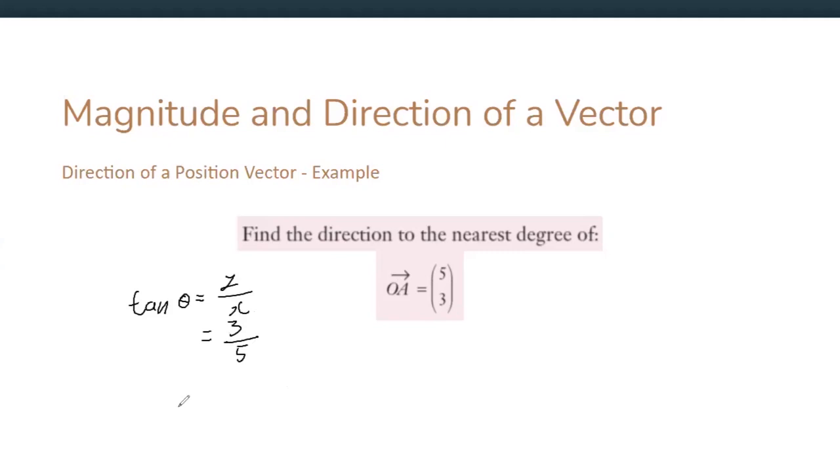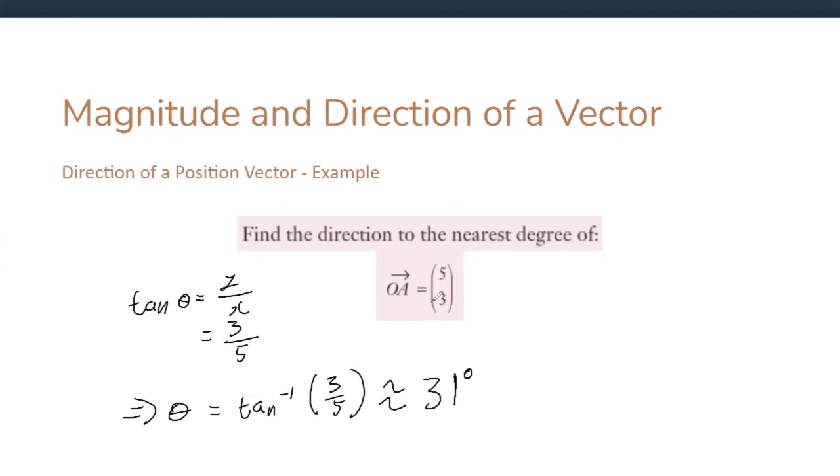And then we can rearrange this. So we get theta is equal to tan inverse 3 over 5. And then if we just put that into the calculator, to the nearest degree it's going to be approximately 31 degrees. And feel free to double check that.